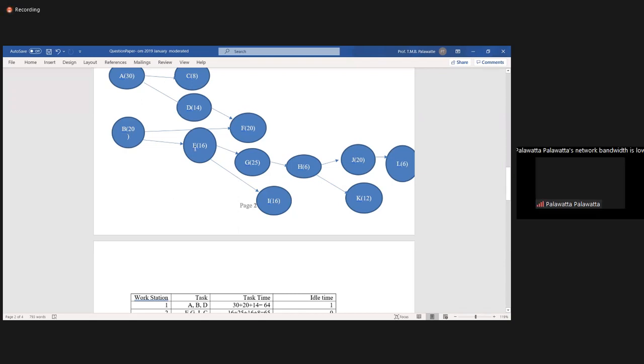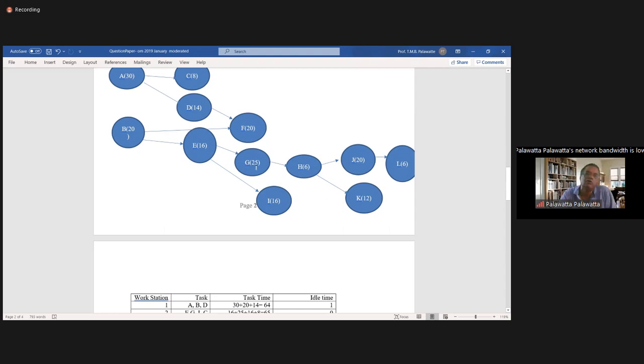Then after A, B, D, E, the feasible candidates are C, F, G, I. Out of them, I selected G.